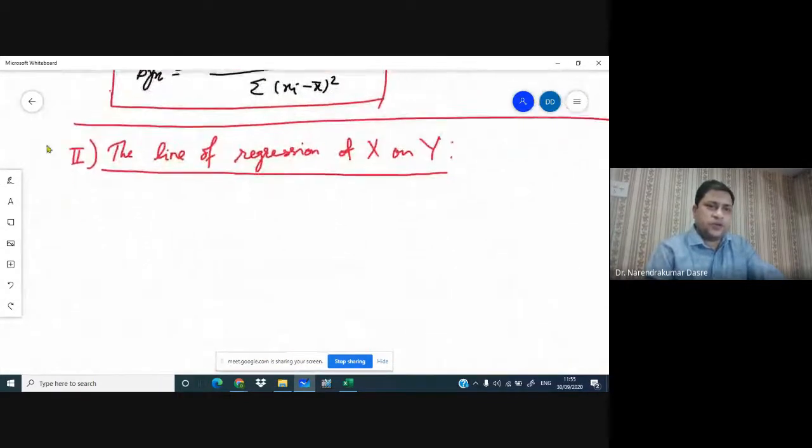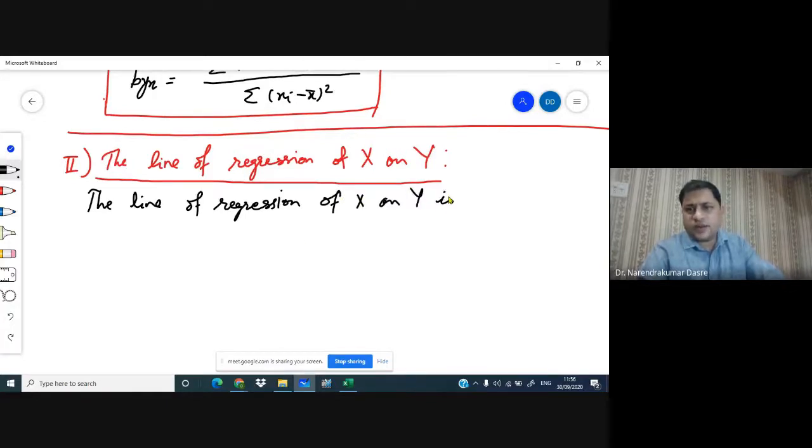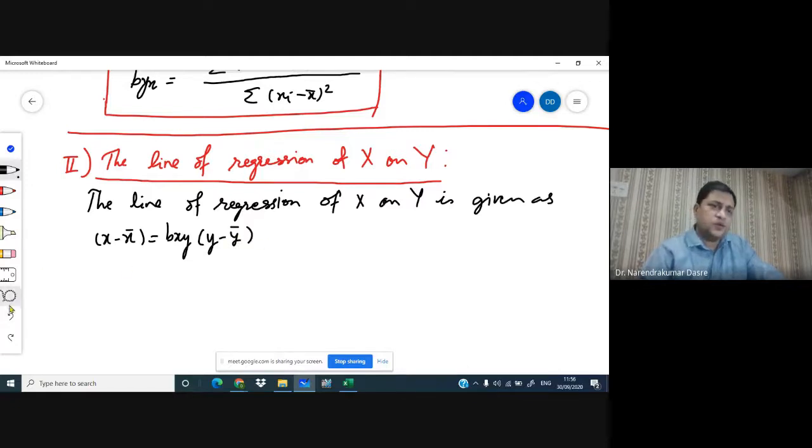So the line of regression of x on y is given as: x minus x bar is equal to bxy into y minus y bar.